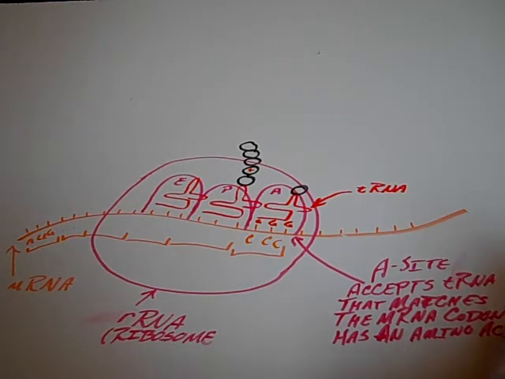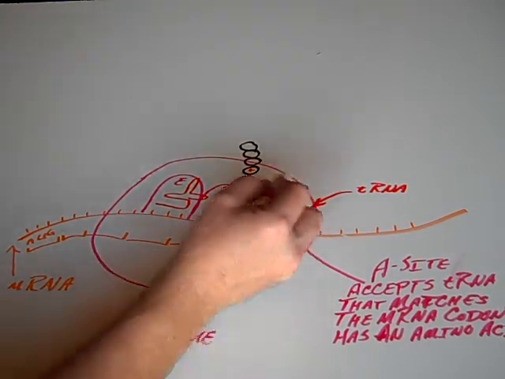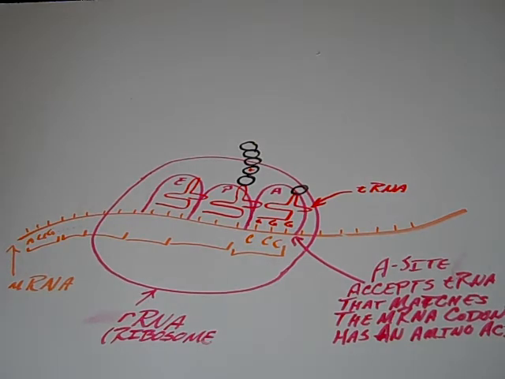So to be accepted, it has to both match the codon and be carrying an amino acid. That's what we refer to as being charged.